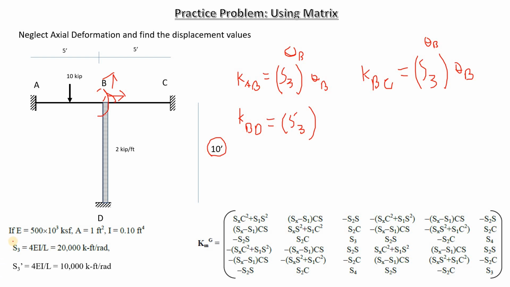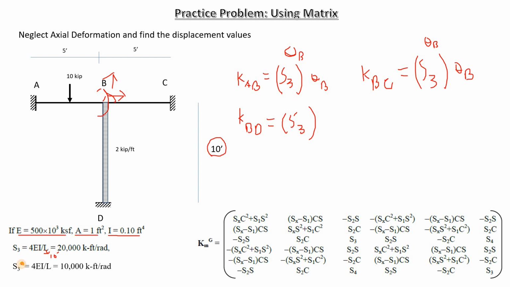Now here are the S3 values. So if E is equal to this, A is equal to this, and I is equal to this, we can get our S3 value, which is 4EI by L. Here the L is 10 feet for member BD, and S3 prime. So let me just change the annotation.